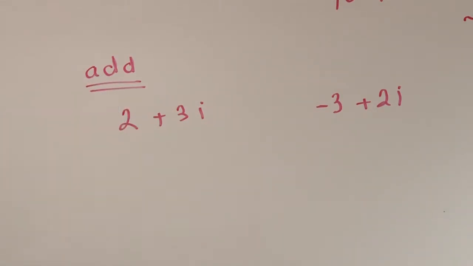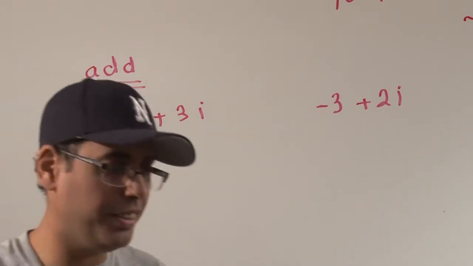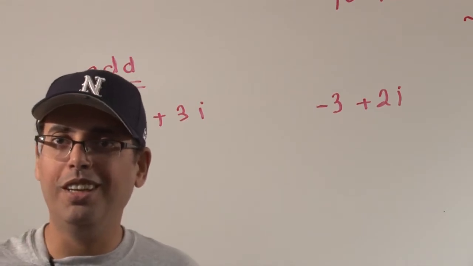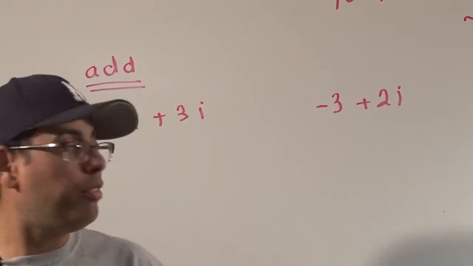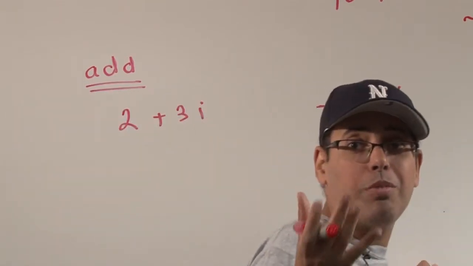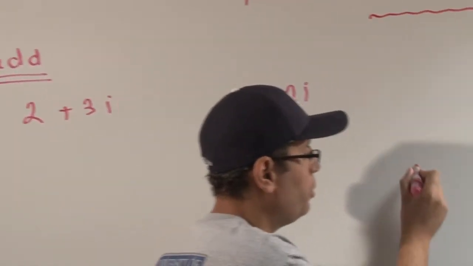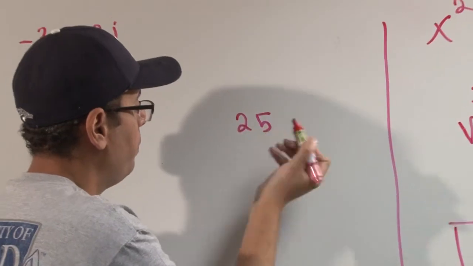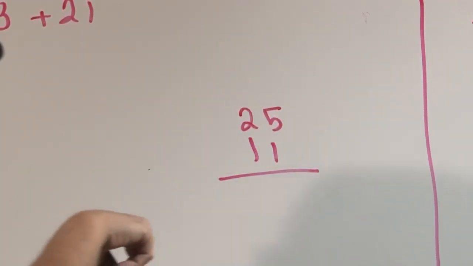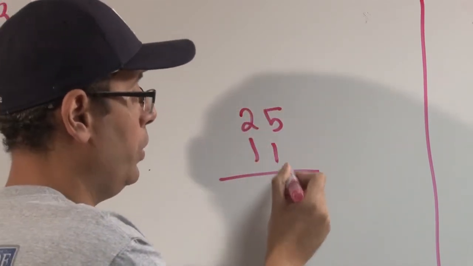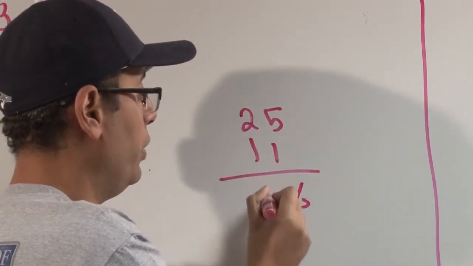Right now we are using a calculator, and when we add 2 numbers, like this number plus that number, and hop, this is the total. But before that, if I use manual calculation and I want to calculate 25 plus 11, I put them underneath each other, and 5 and 1 is 6, and 2 and 1 is 3.